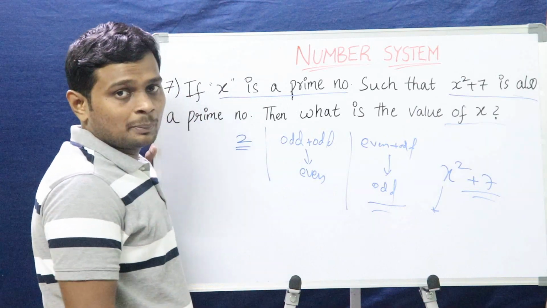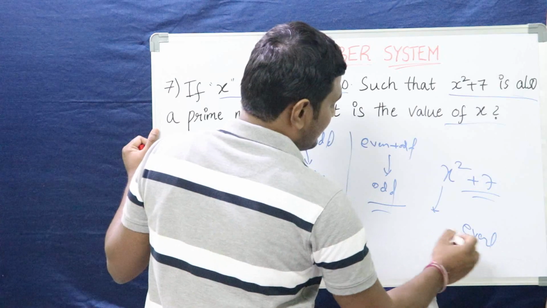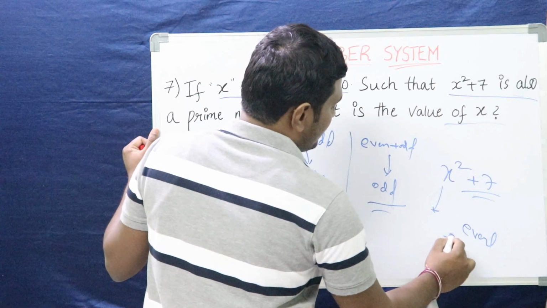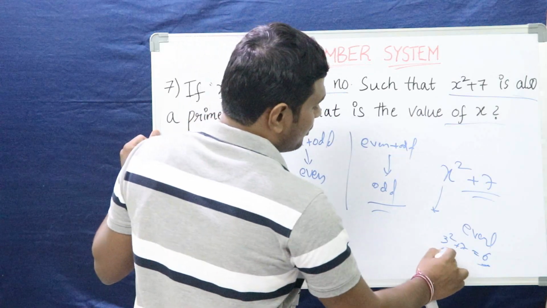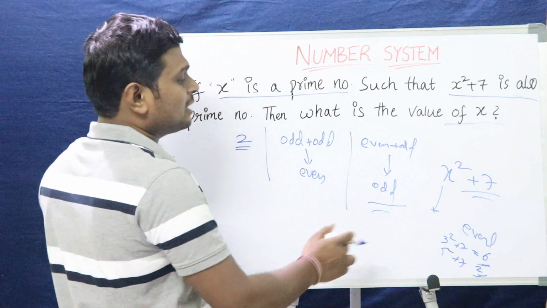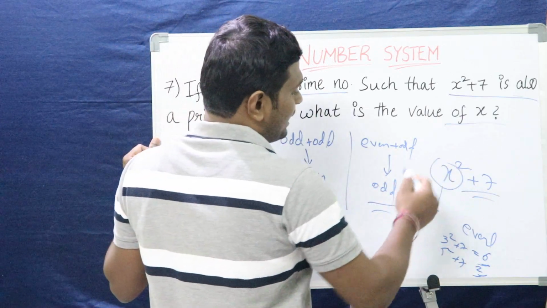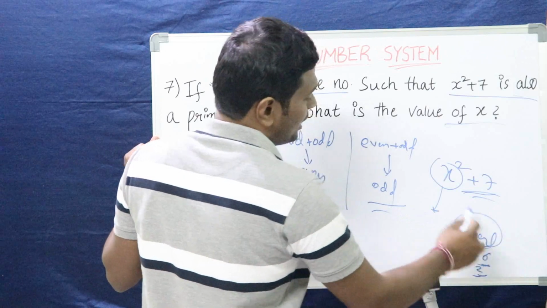We will get an even number. Let me take one example. 3 square plus 7, 9 plus 7, it results in 16. 5 square plus 7, 25 plus 7, 32. Similarly, if we square any odd number and add 7, we will get an even number.